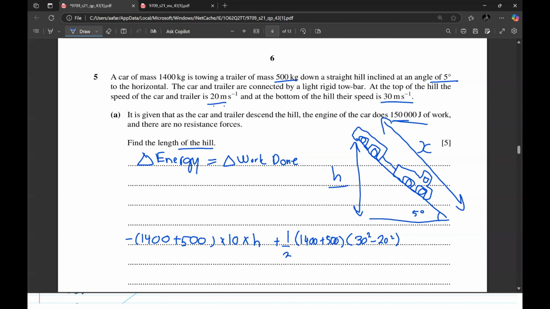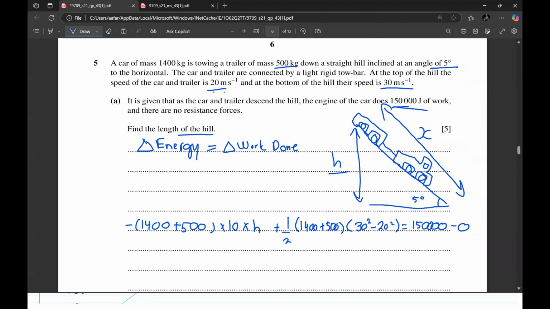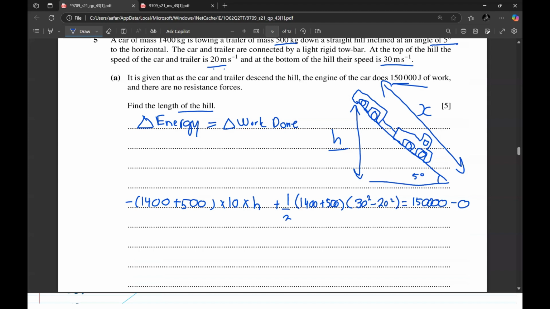Final kinetic energy minus initial kinetic energy is equal to 150,000 joules of work done minus work done against resistive force, which is 0. So from here, we should be easily able to calculate it.